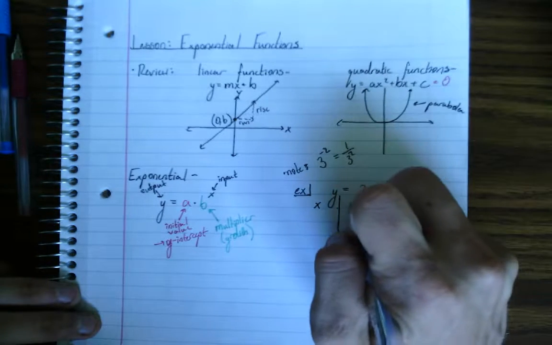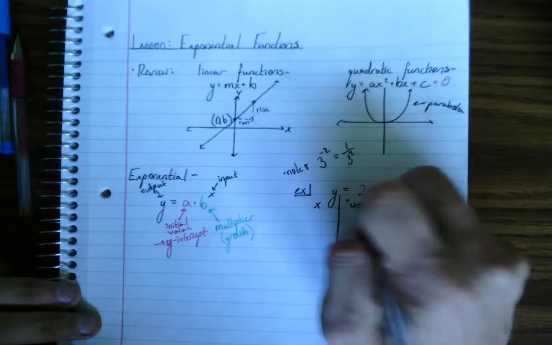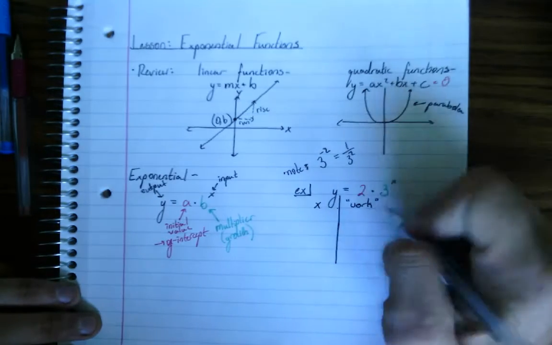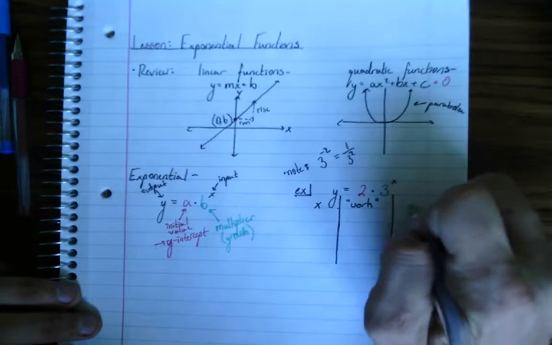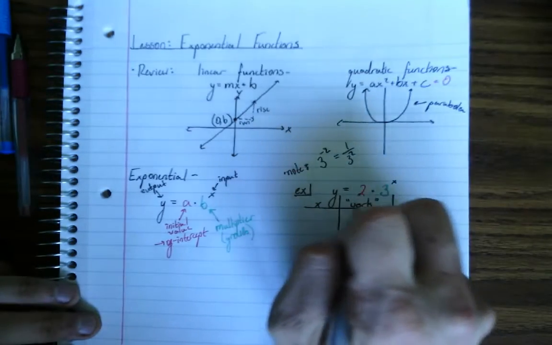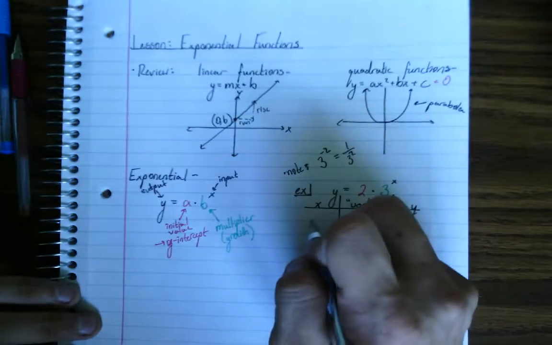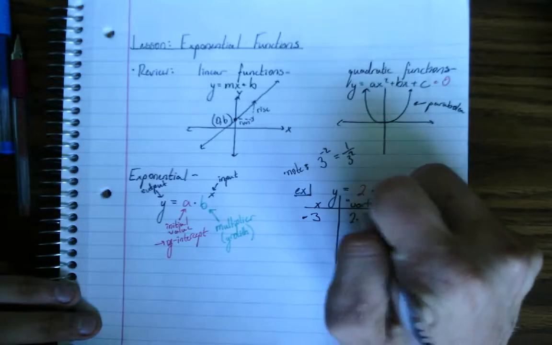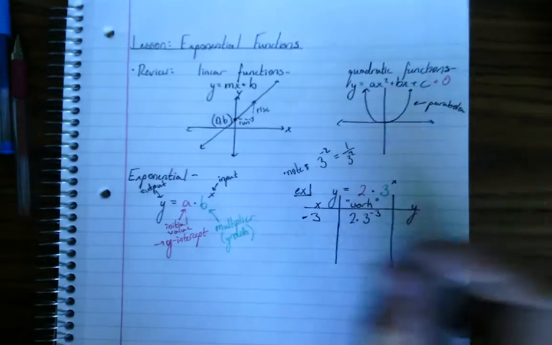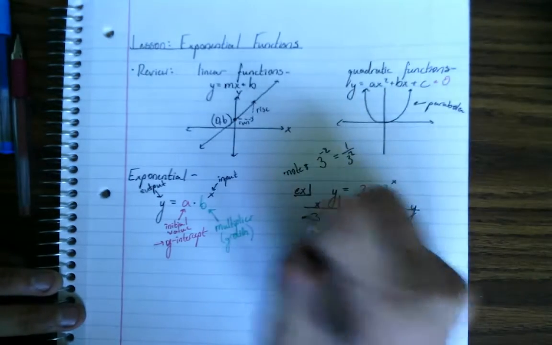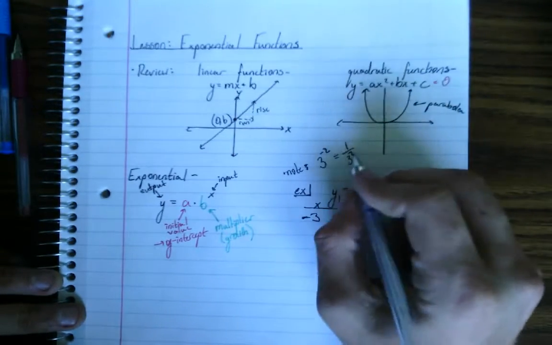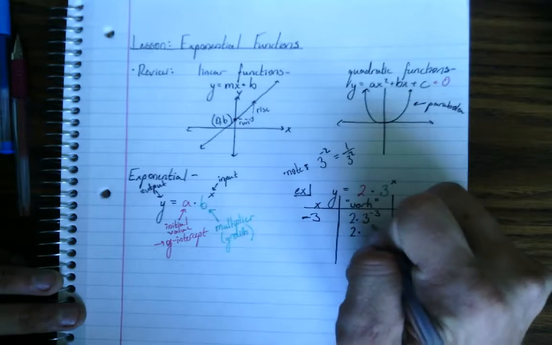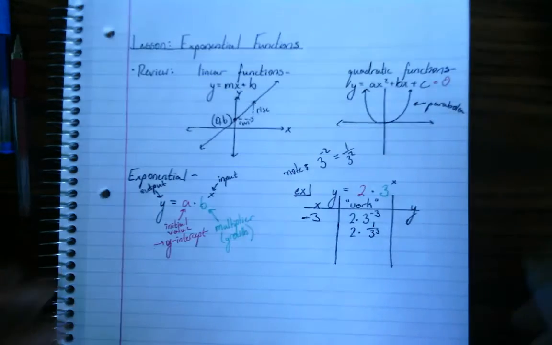Gonna have an X value and then a work value where we're gonna plug it into our equation, and then finally our Y value. So let's start off with an X value equal to -3. That means our Y value is gonna be 2 times 3 to the -3rd power. But let's remember that 3 to the -3, we want to make that positive. So this is 2 times 1 over 3 cubed.